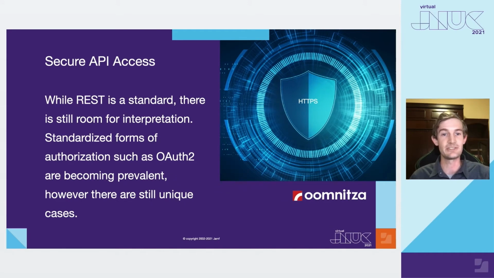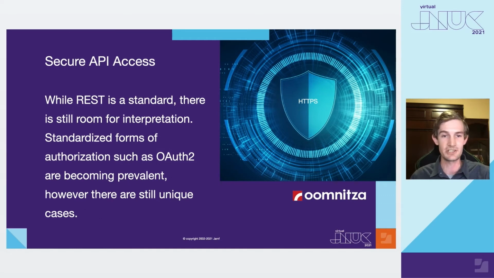Now, while REST is a standard and helps out quite a bit, there's still a lot of room for interpretation. Some implementations of a REST API may not support the full spectrum of HTTP methods, meaning get, post, patch, delete, and others. The implementation and behavior of a put versus a patch could also vary between implementations. And on top of that, while there are increasingly standardized forms of authentication, such as API tokens or OAuth 2, there are still unique requirements and needs on a per system basis.